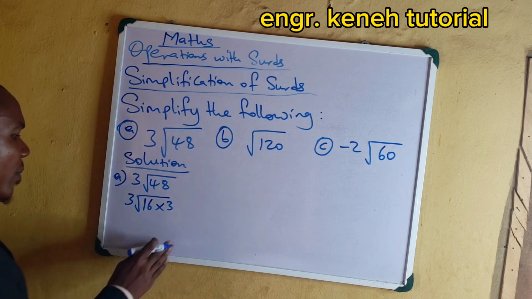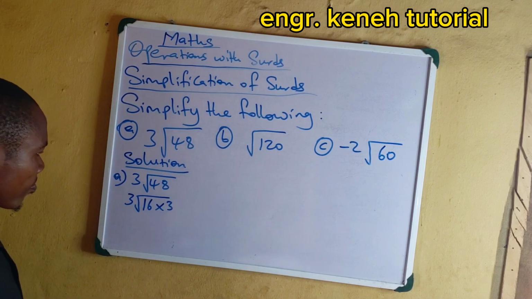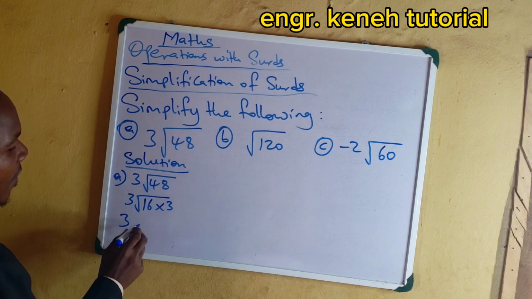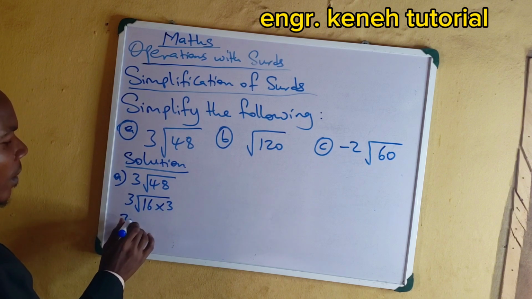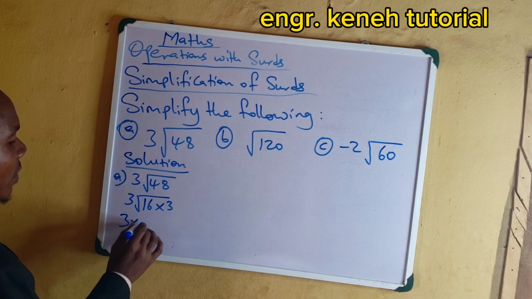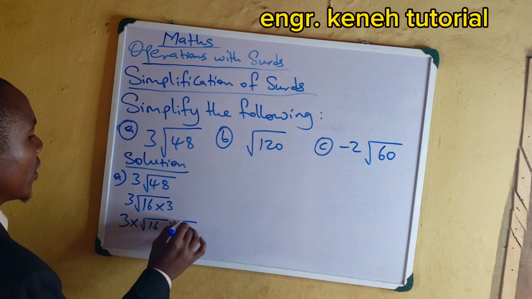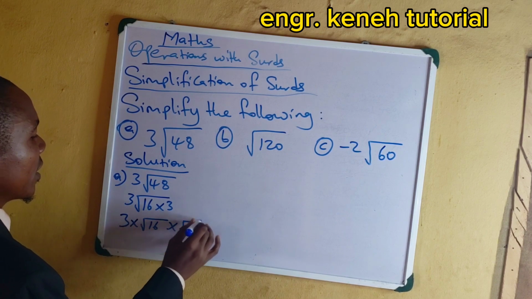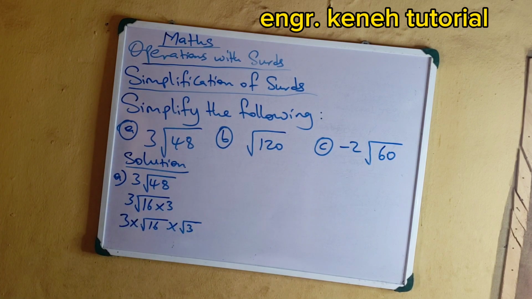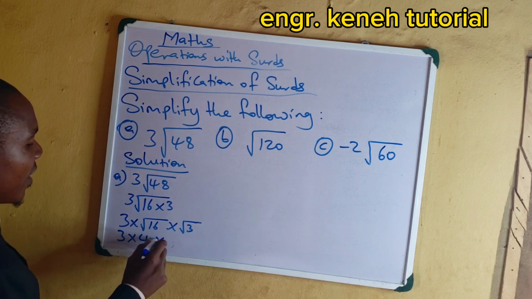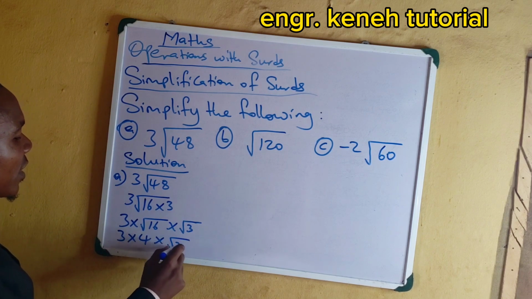So this simply means we have something of this nature. Can you see that? All right. So what is the square root of 16? 4.